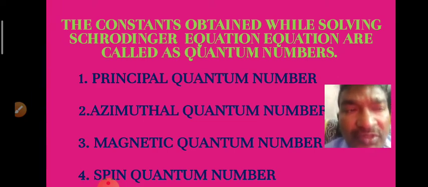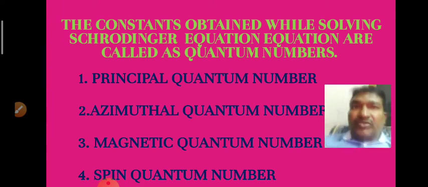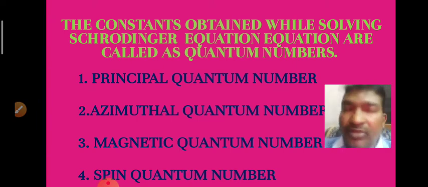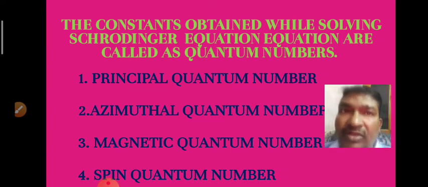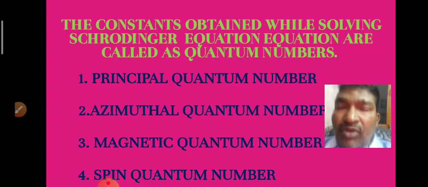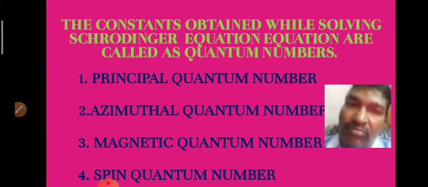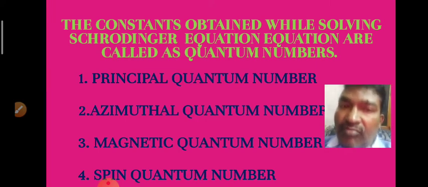While solving the Schrodinger equation, we use some constants. Those constants are called the quantum numbers. Here we have four quantum numbers: principal quantum number, azimuthal quantum number, magnetic quantum number and spin quantum number.